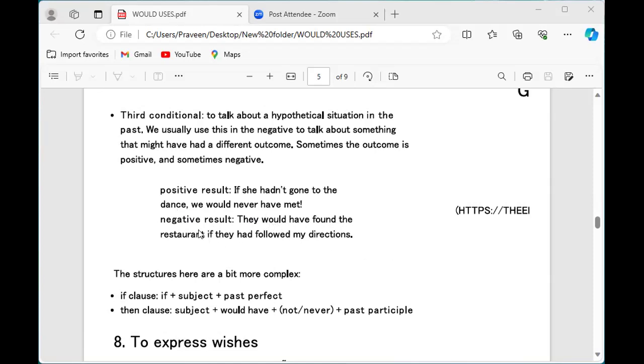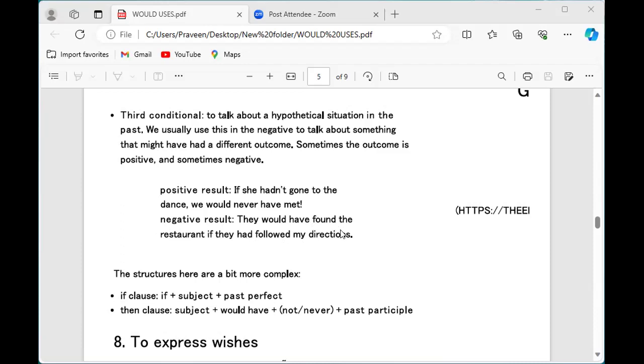They would have found the restaurant if they had followed my directions. So they didn't follow your directions, and they didn't reach the place where they had to go, because they went in different directions. They lost themselves trying to reach that restaurant. So this person was saying they should have followed my directions.